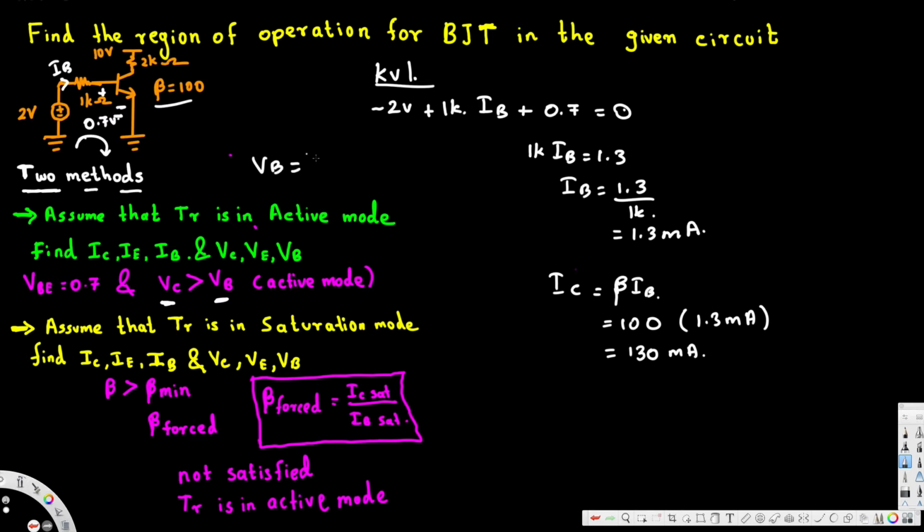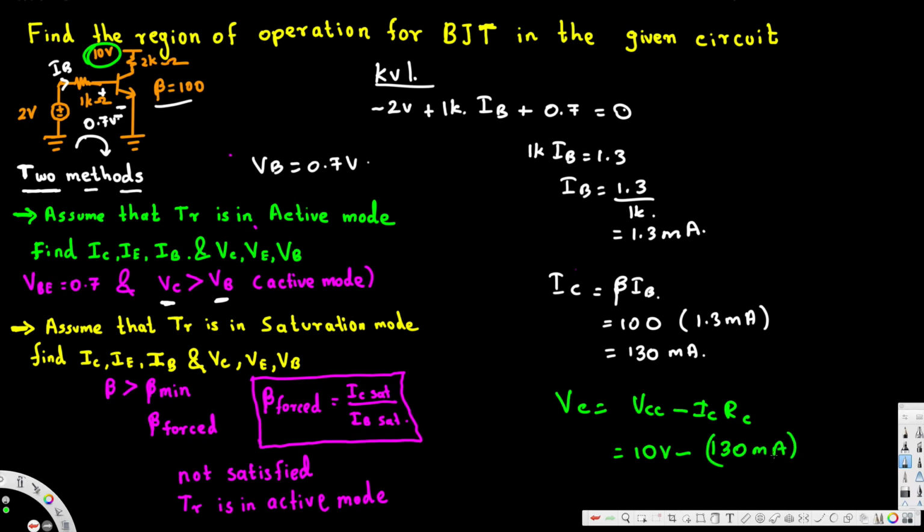Here we already know VB is equal to 0.7 volts if we assume this is in active mode. We have to find out what VC is. To find VC, we have a generic formula: VC is equal to VCC minus IC times RC. VCC is the top voltage, that is 10 volts, minus IC we just found, 130 milliampere, multiplied by RC.